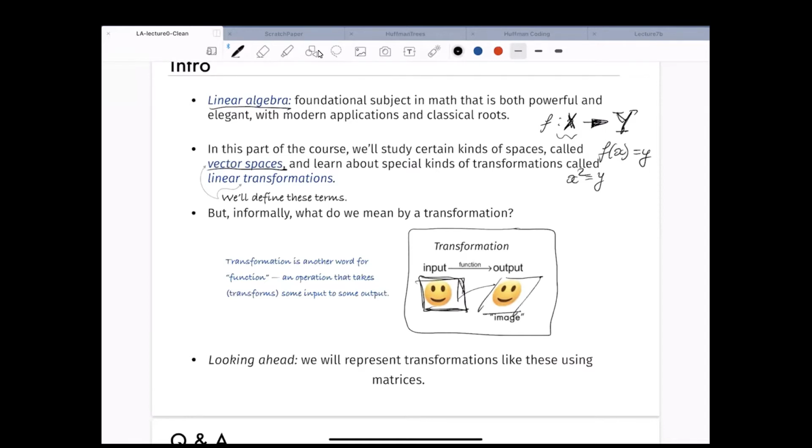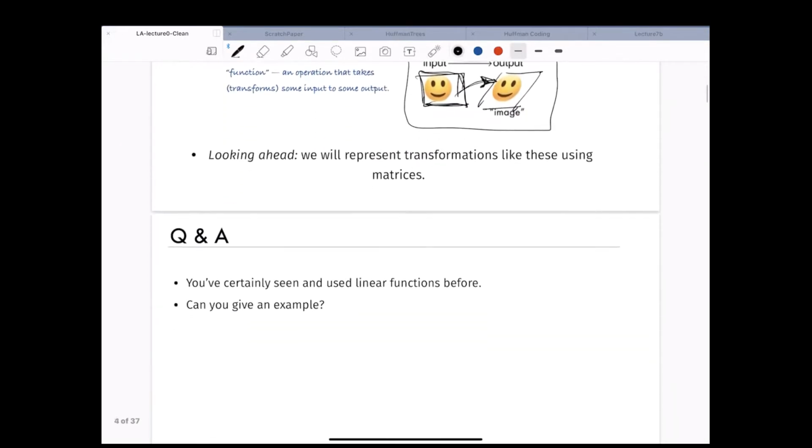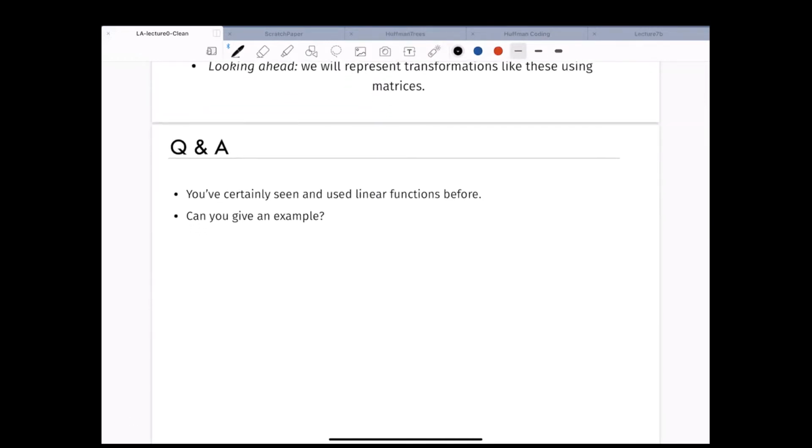For example, the way this smiley face is transformed, this transformation will turn out to be a linear transformation. But first we need to define what we mean by a linear transformation. So first, please remind me, what is a linear function?